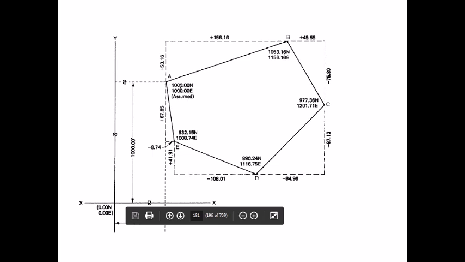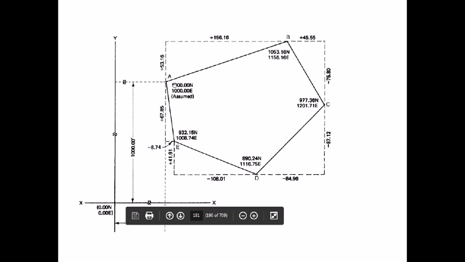So if A was at 1000, 1000, and the value of latitude is 53.16, the coordinate of B would be 1000 plus 53.16. Similarly, for the departure, if it was 1000 over here, it would be 1000 plus this value at the point B. This is the beauty of it, since we were working with orthographic projections. That is basically the change in the y dimension and the change along the x dimension.